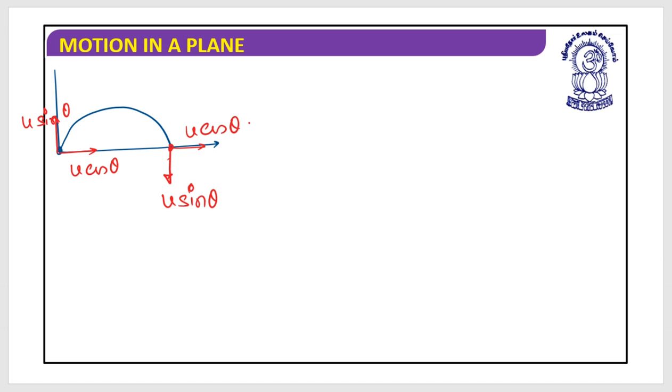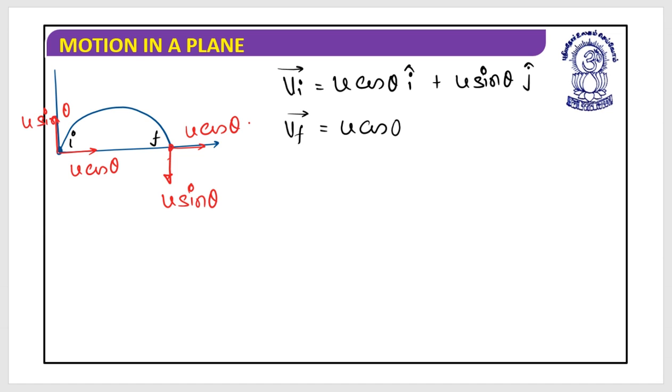So v initial is equal to u cos theta i cap plus u sin theta j cap. My v final is equal to u cos theta i cap, but here it is moving in this direction, so this would be minus u sin theta j cap.